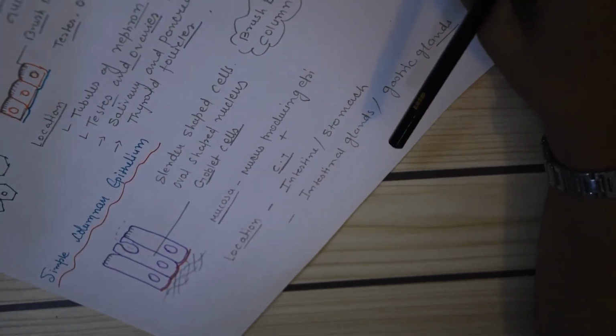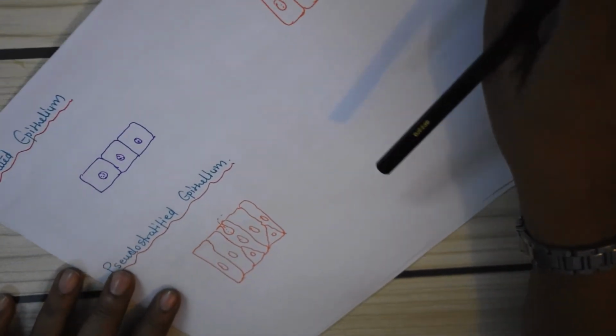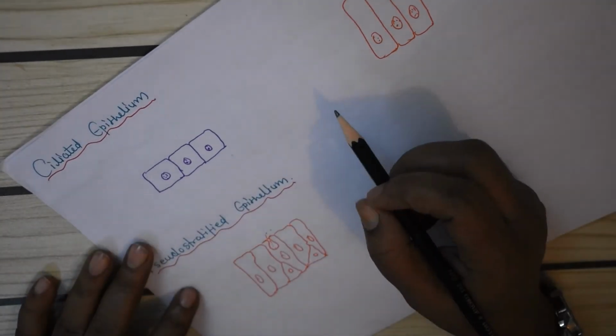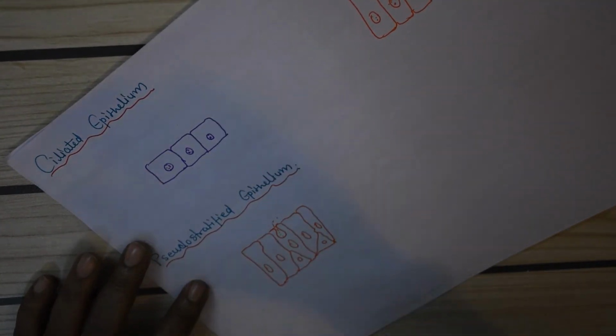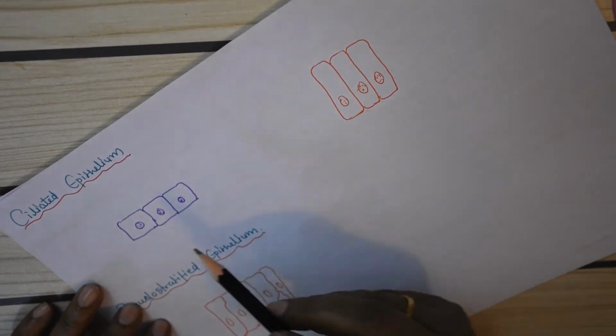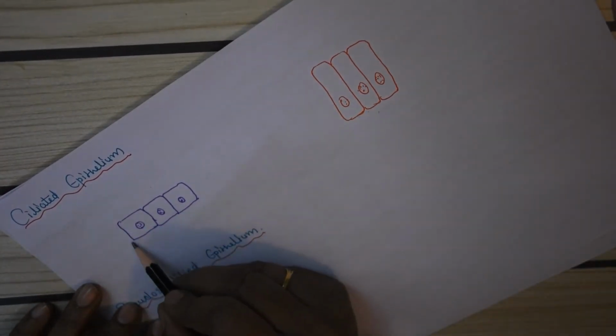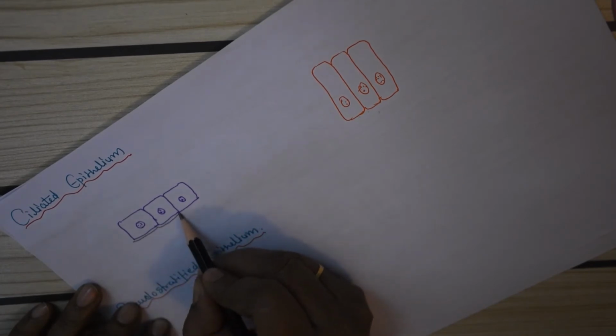Next, the type of epithelium is the ciliated epithelium. Simple ciliated epithelium can be cuboidal or columnar. The cells could be cuboidal or columnar, and they rest on the basement membrane.